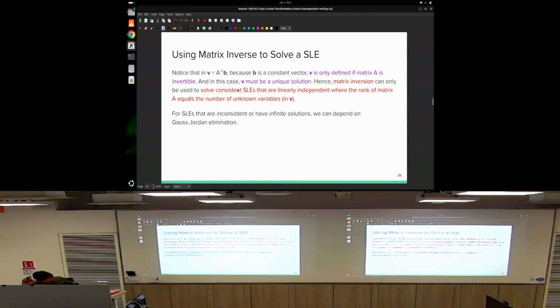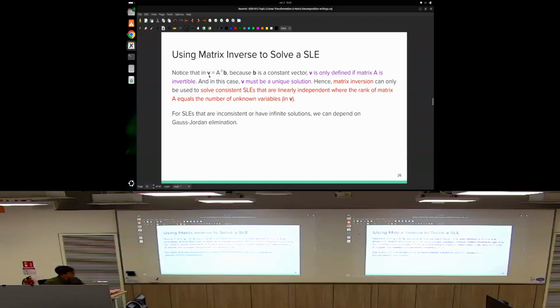So if A inverse is defined, that means it is a matrix of all defined elements, then if you multiply it by a constant vector, you are going to get a constant vector for v. So what that means is v must be a unique solution, because you take a matrix of constants, numbers inside, then multiply by a constant vector, so obviously you get a constant vector out. That is your unique solution v.